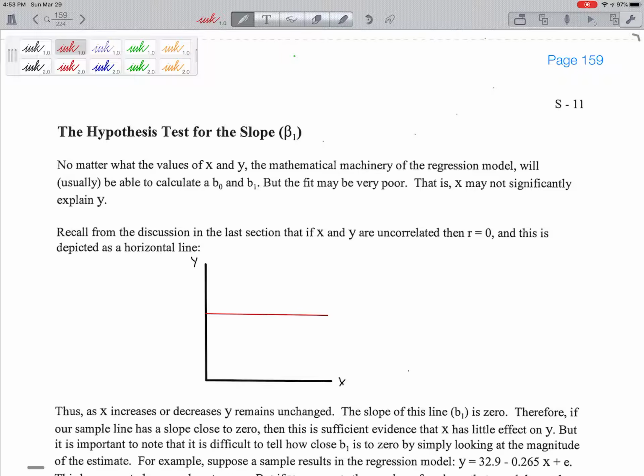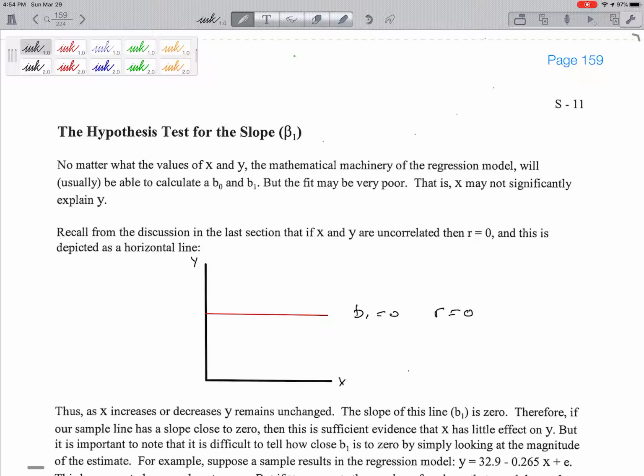So the slope is equal to 0, and of course the correlation, the r, would be equal to 0. So we would have b1 equal to 0, and of course the r, the correlation coefficient, equal to 0, meaning that there is no linear relationship between the two.